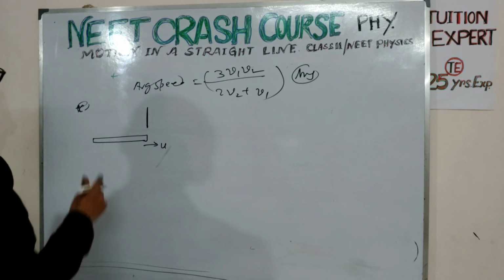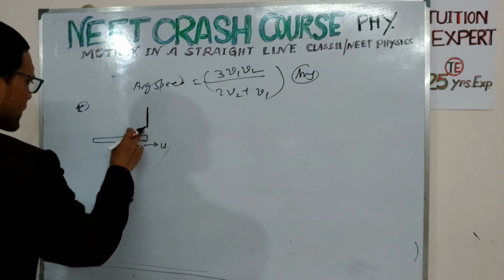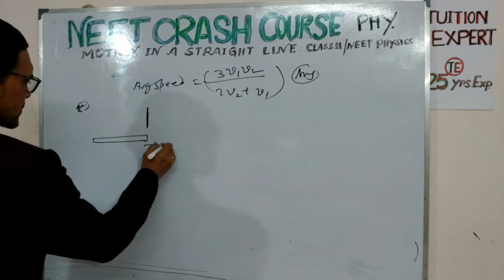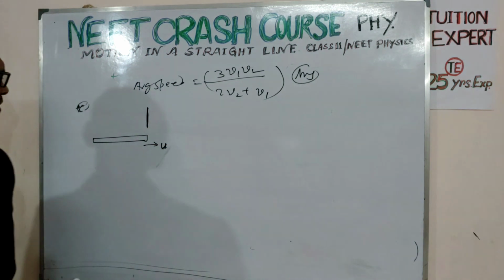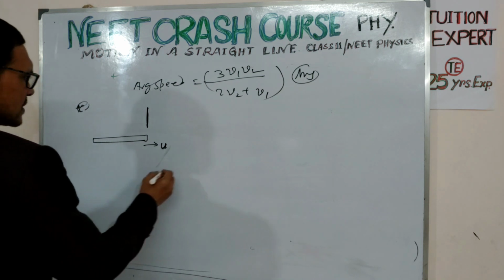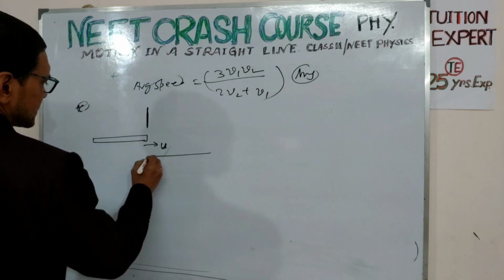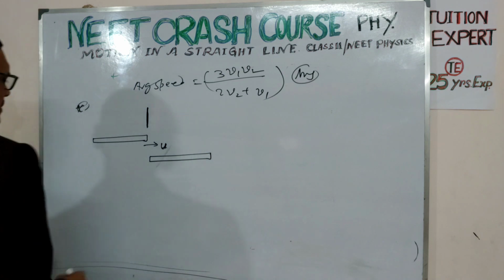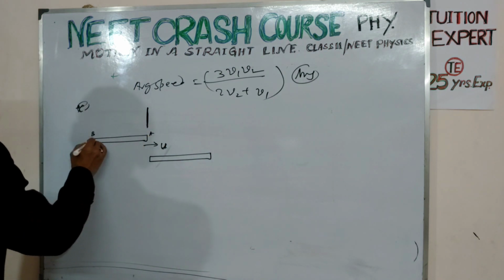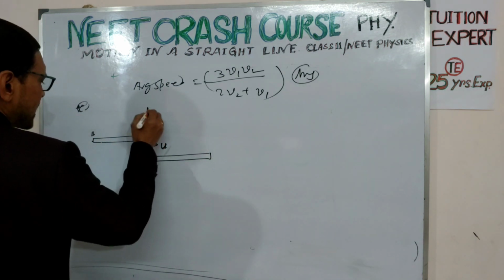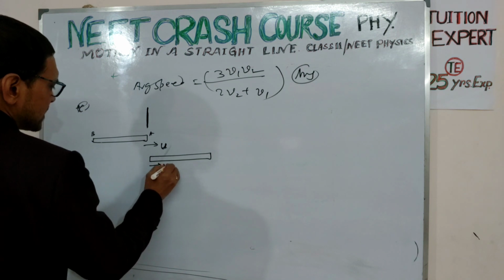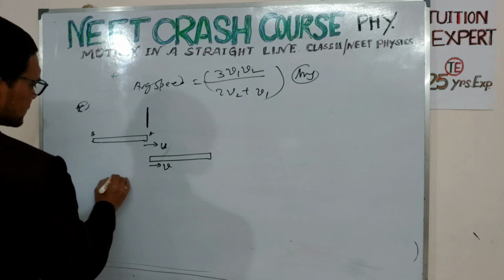Next problem: a train passes a light post with speed u. The end part of the train passes the same light post with speed v.